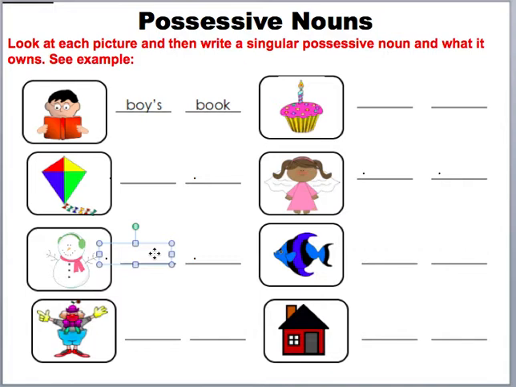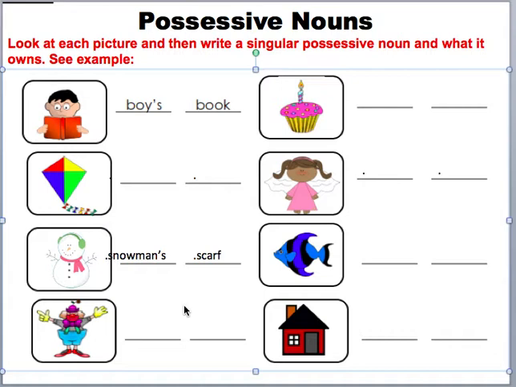I take my singular noun, I put an apostrophe S, excellent, and then I write what that thing owns. So the snowman's apostrophe S, he owns a scarf. So snowman's scarf. You can do the same thing with the rest of the pictures. Look at them. To whom does it belong, or what does it have? And then you can write the possessive nouns for each one of them.